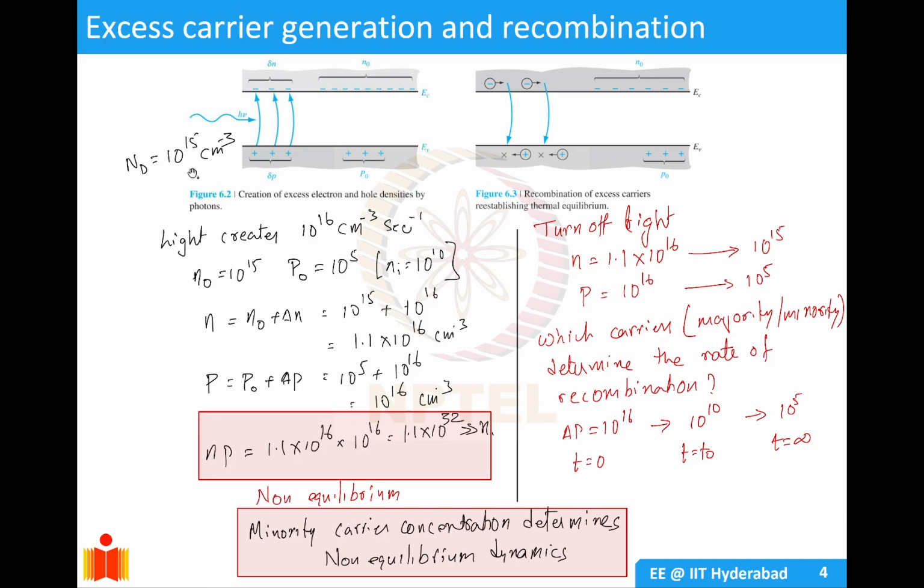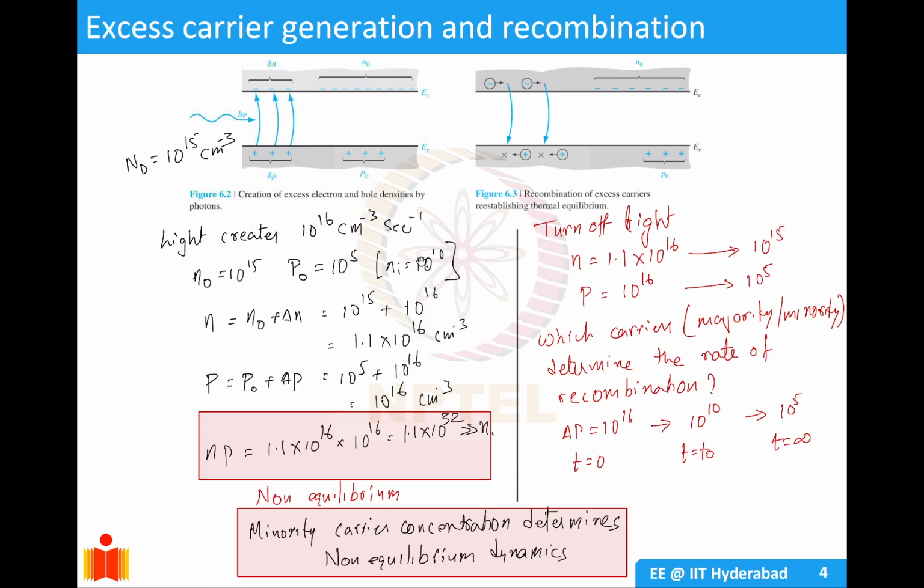So let's say light creates an excess of 10 per 16 electrons per centimeter cube per second. Your original N naught was 10 per 15, and the original P naught was 10 per 5.